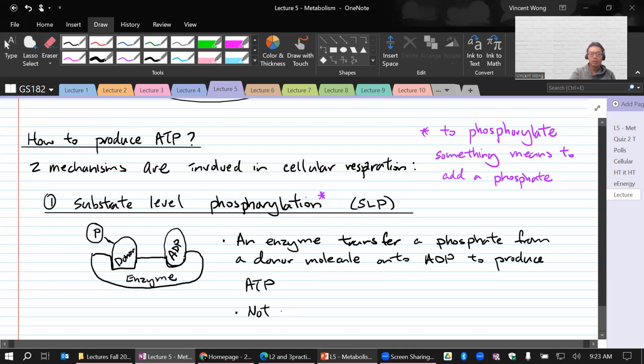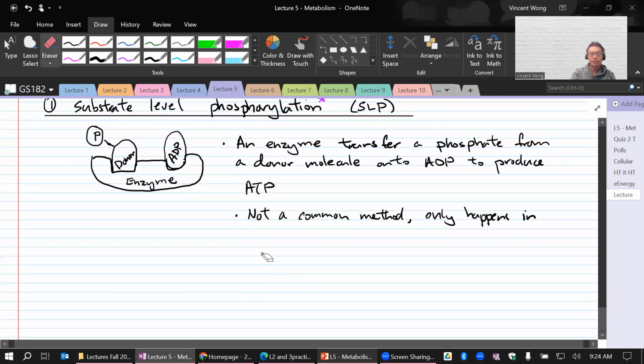Not a common method. Only happens in stage 1 and 3. For those of you who need to write down, stage 1 is glycolysis.